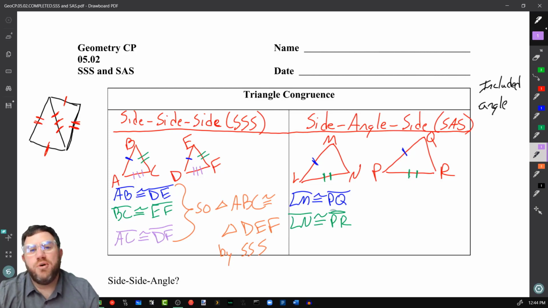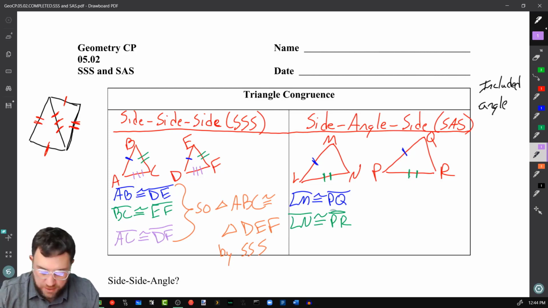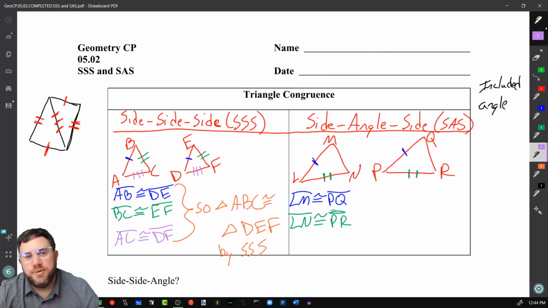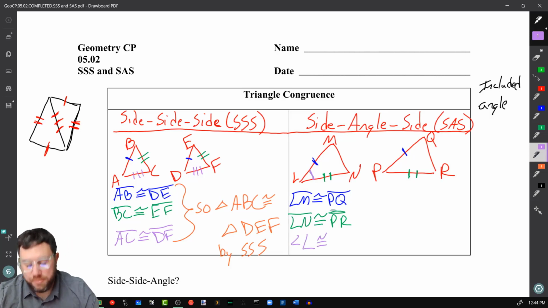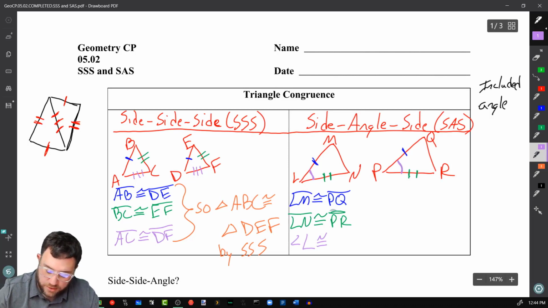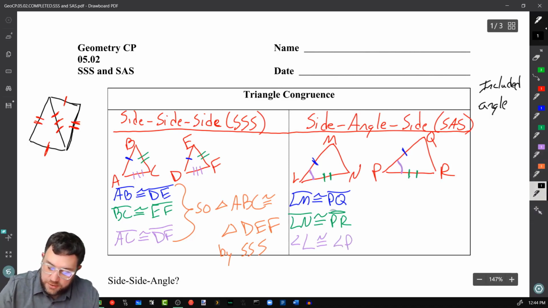It's the angle made of the sides that we're looking at. So what is the angle made of side LM and side LN? Well, that is angle L. What is the angle made of PQ and PR? That is angle P. Okay? So an included angle is the angle made by the 2 sides.